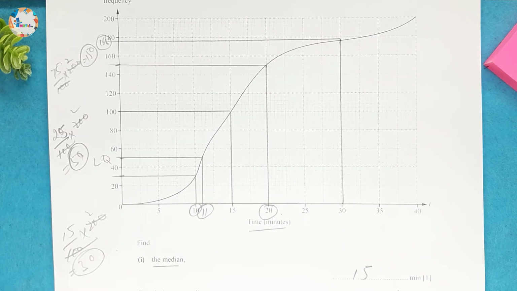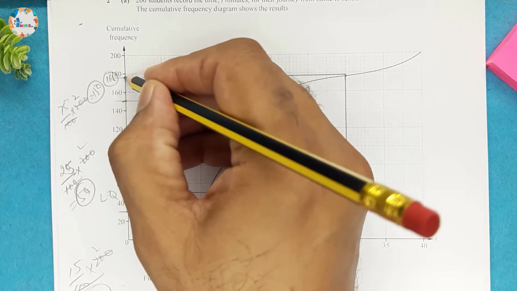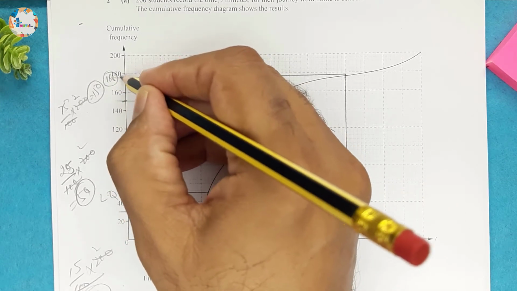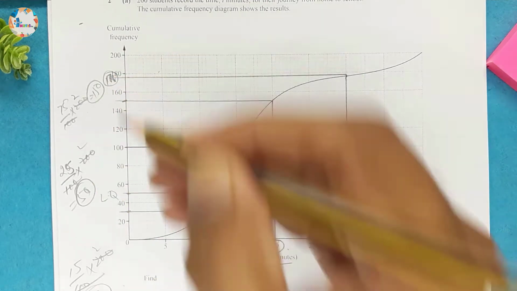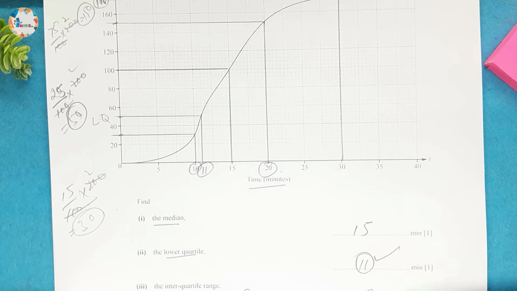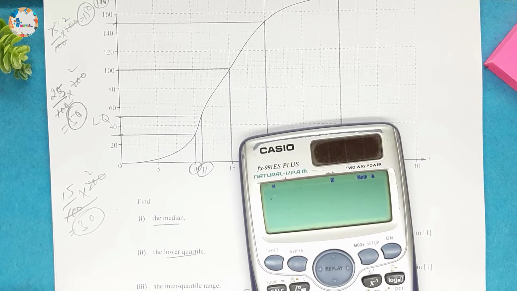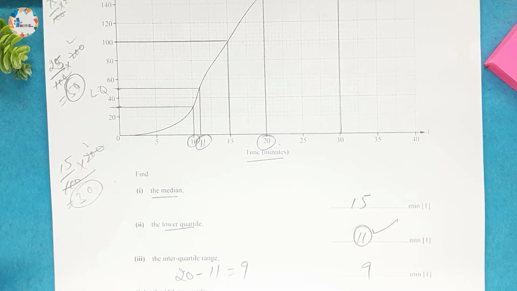Basically this is not 168, this is 178 basically, because it is closer to this 180. If we are taking 178, we will get 22. So we can give answer as 22.